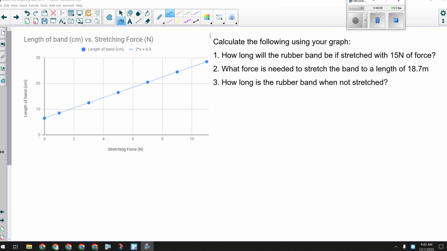All right, for number 1, we're looking for how long the rubber band will be, which axis is length on? The y-axis. So we're solving for y when x is 15 newtons, because stretching force in newtons is on the x-axis. So we're going to have 2 times 15 newtons plus 6.5.